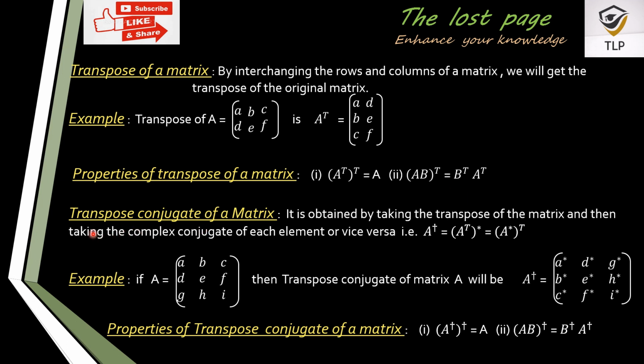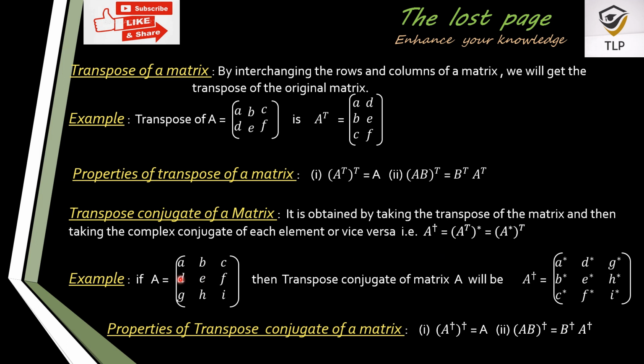Now, transpose conjugate of a matrix. It is obtained by taking the transpose of the original matrix and then taking the complex conjugate of each element, or vice versa. That is, A dagger equal to A transpose star, where star is the complex conjugate, equal to A star transpose.